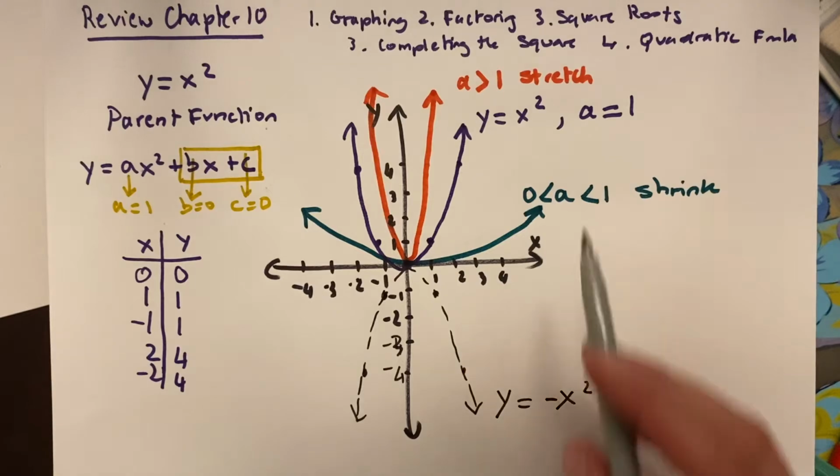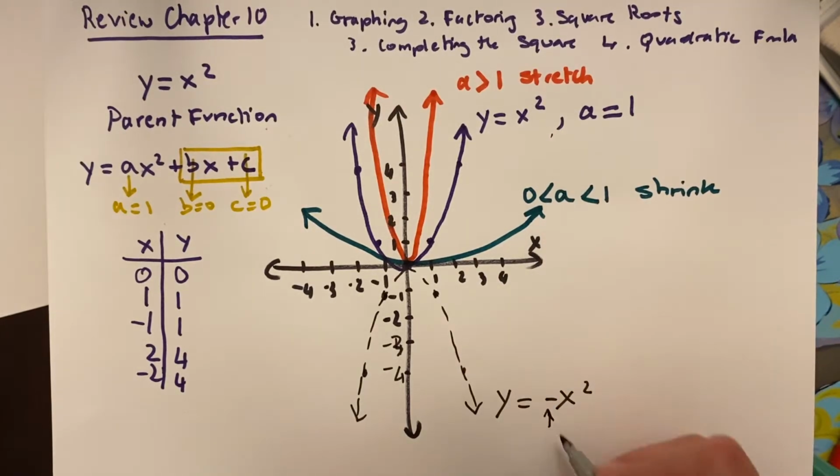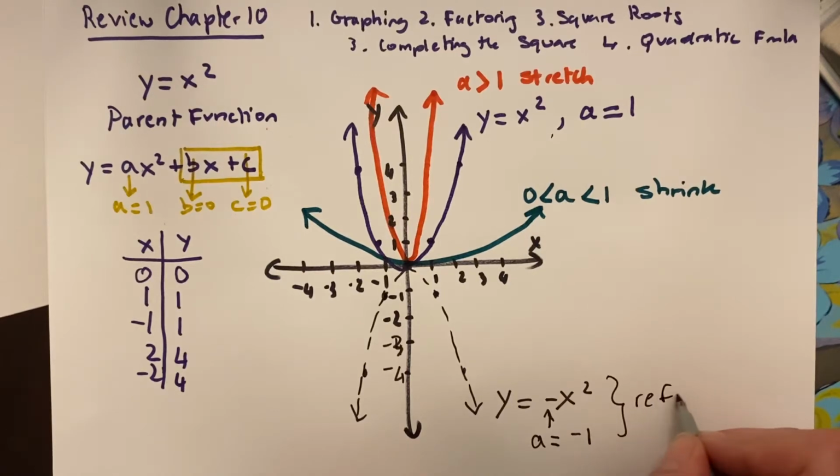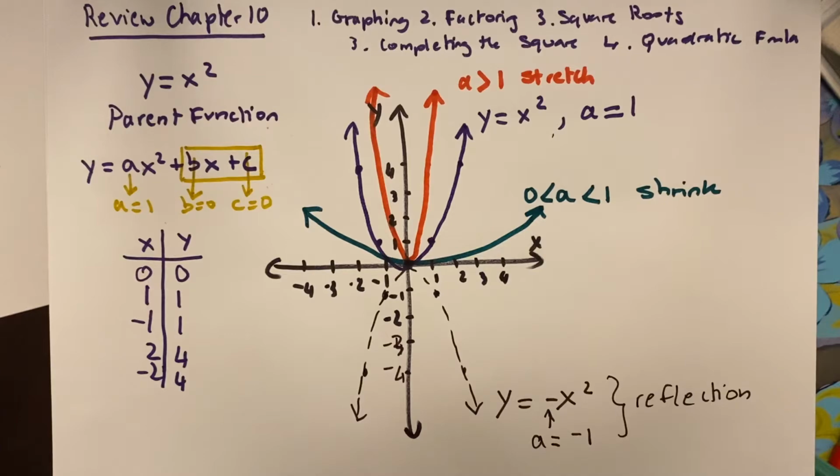So it's the exact same thing as the parent function with just a negative in front. So here a equals -1. And this is called reflection. Now at this point in time, we haven't done anything yet with the function. We are just defining what it looks like.